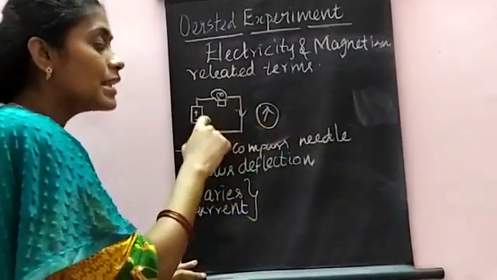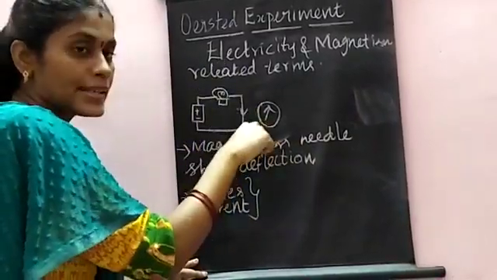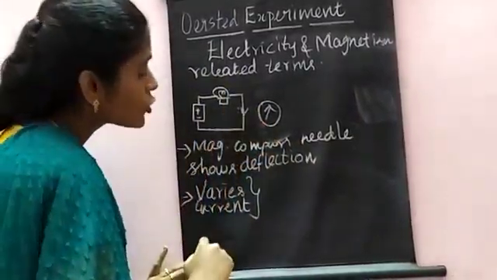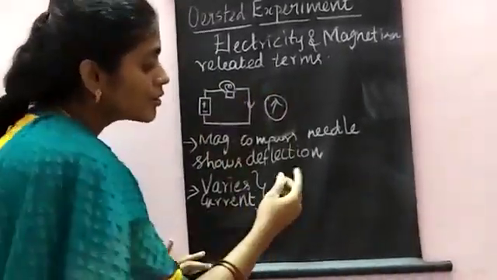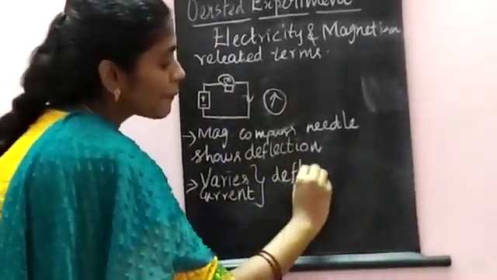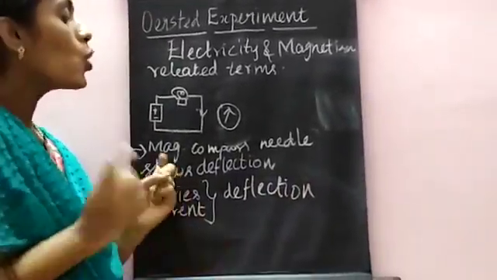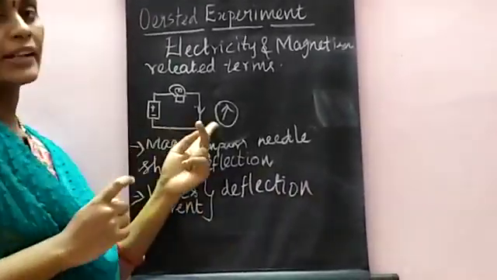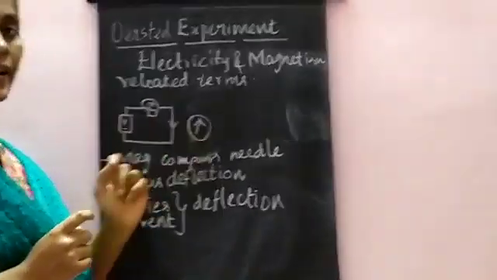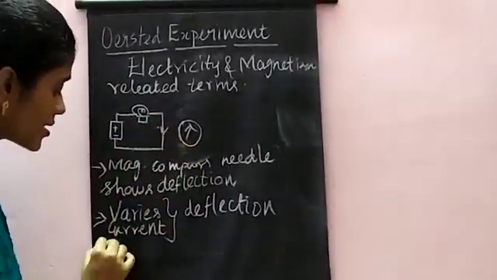If the current is less, the deflection is less. So the deflection of the magnetic compass needle depends upon two factors. What are the two factors? One is the distance between the circuit and the compass needle. It is the first case.